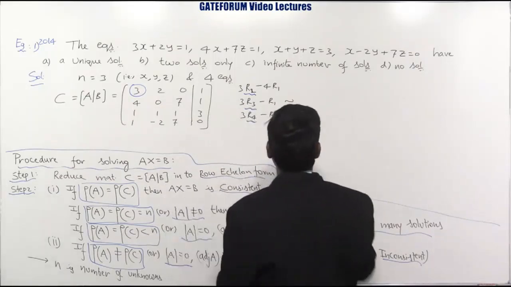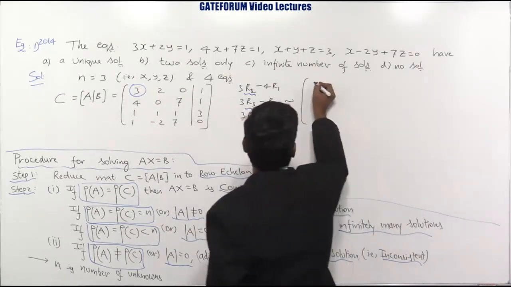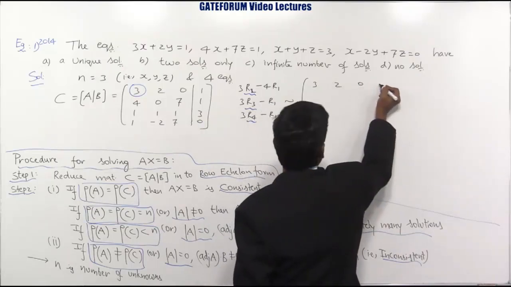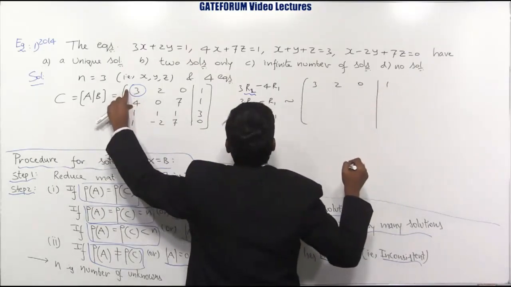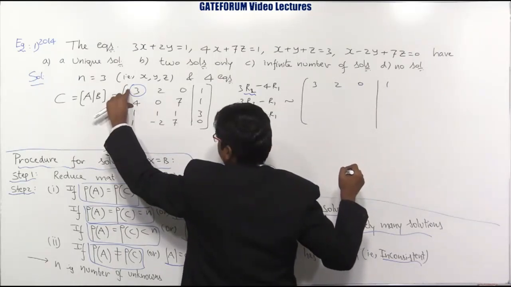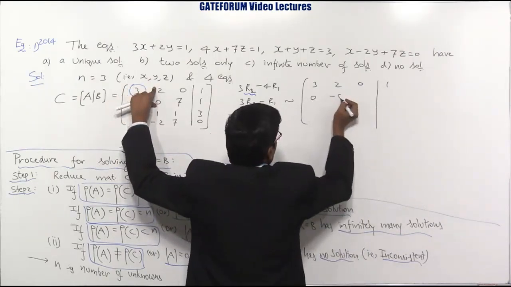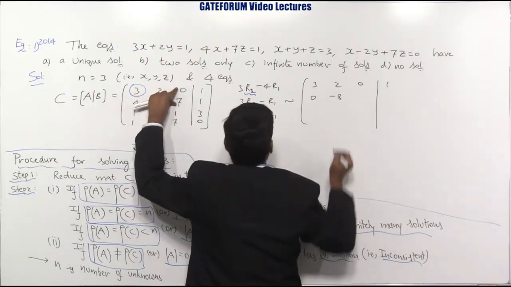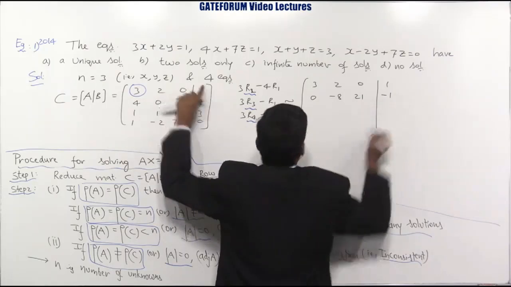Okay. So you will be getting a new matrix where R1 has no change: same elements 3, 2, 0, 1. Next, 3R2: 3 into 4 minus 4 into 3, 12 minus 12, 0. 3 into 0 minus 4 into 2, minus 8. 3 into 7 minus 4 into 0, that is 21. 3 into 1 minus 4 into 1, that means minus 1.